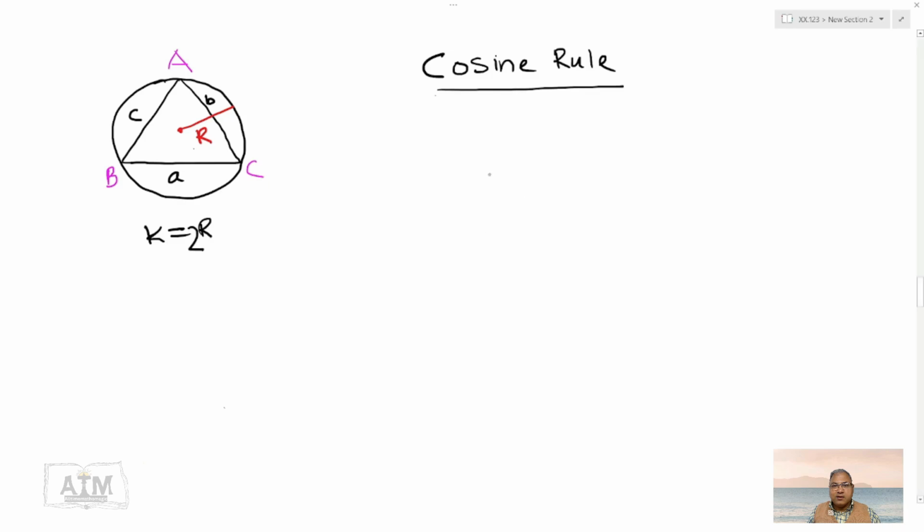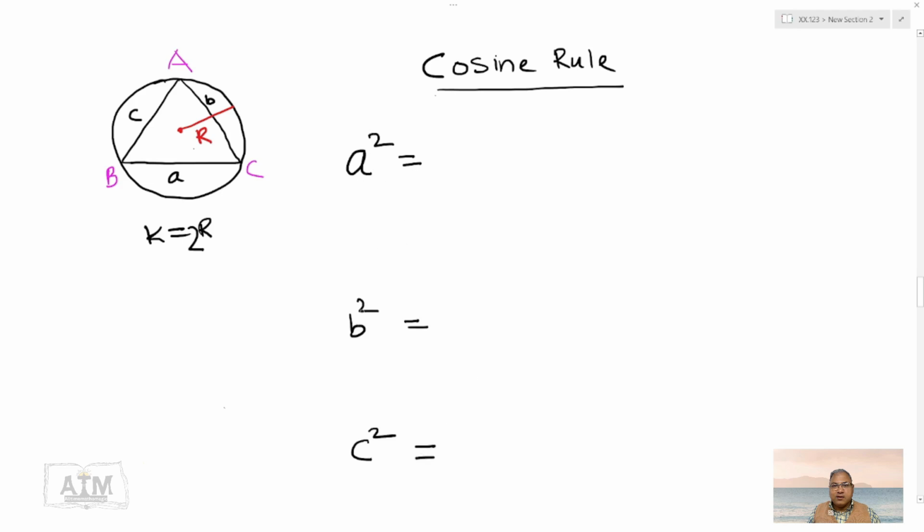Now, the second one is the cosine rule. In the cosine rule, we get the relationship between a, b, c and the angles in terms of cos theta. First of all, you write down a square, b square and c square. I am giving you a trick to remember the cosine formula.